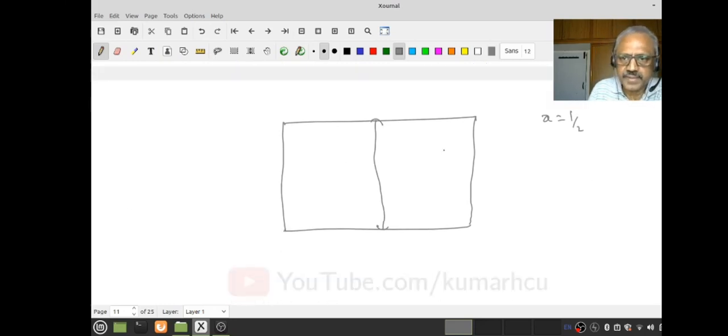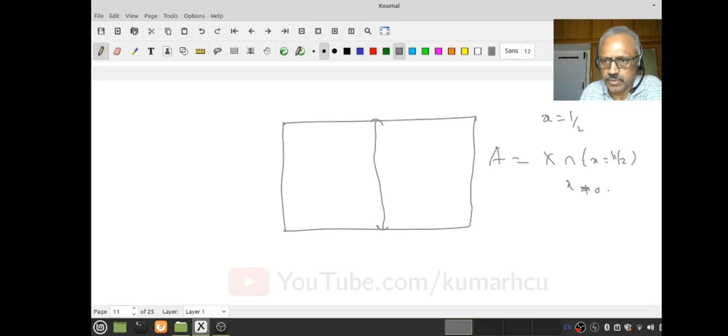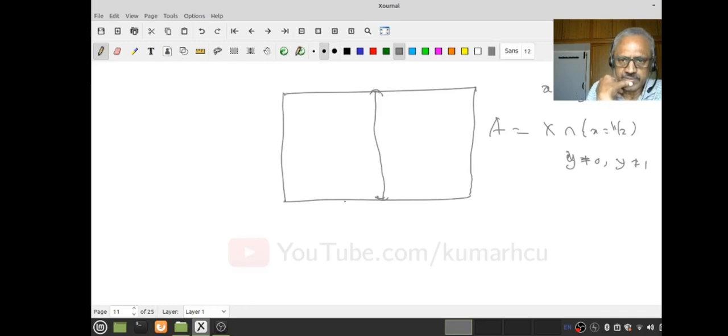That's my A: the set of points with x equal to half, but y should not be equal to 0 and y should not be equal to 1. These endpoints are not there. This is the point (half, 0), and this is the point (half, 1). Is (half, 0) an adherent point?